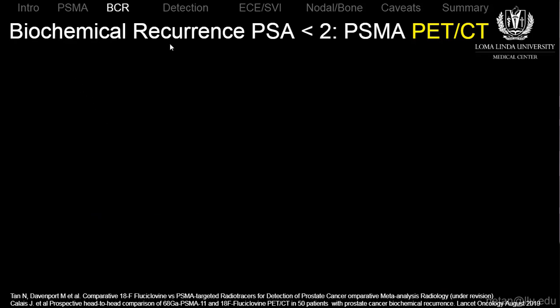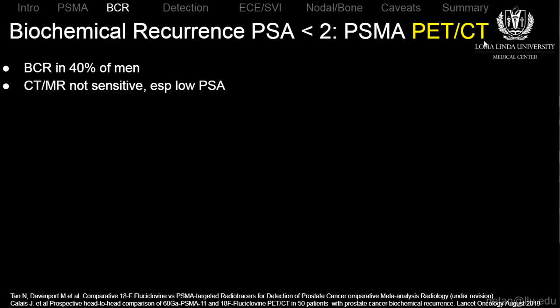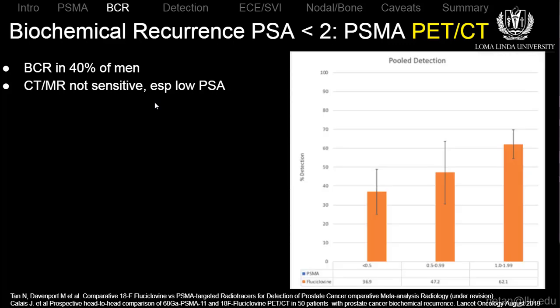Let's talk about biochemical recurrence first, because this is probably the most important role currently for PSMA PET CT, not necessarily PSMA PET MR. Biochemical recurrence occurs in almost half the men after radiotherapy or definitive prostatectomy. And CT and MRI are not sensitive because, again, most lymph node metastasis and recurrence are small, and so there's low sensitivity.